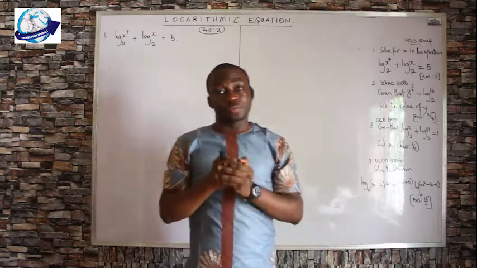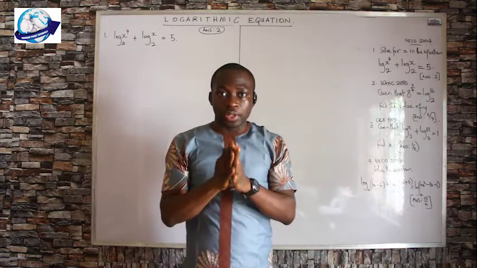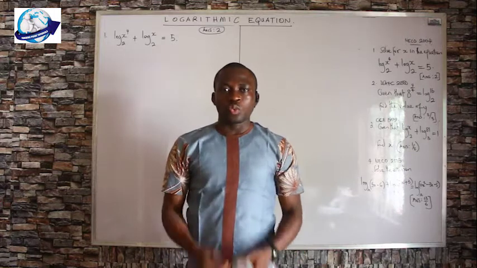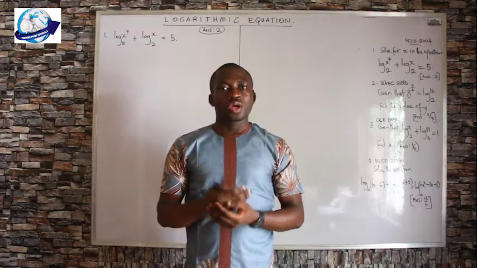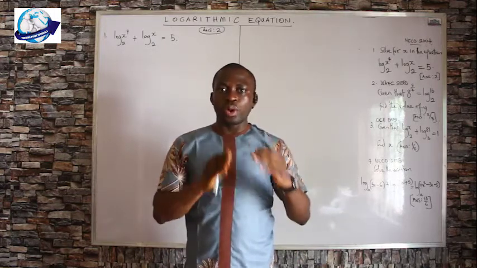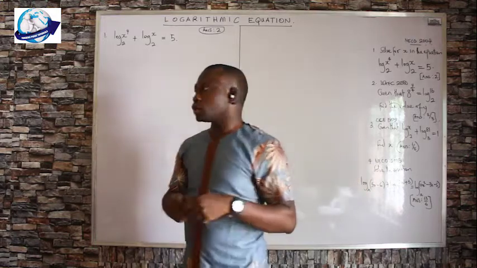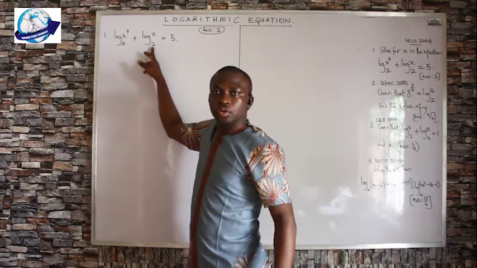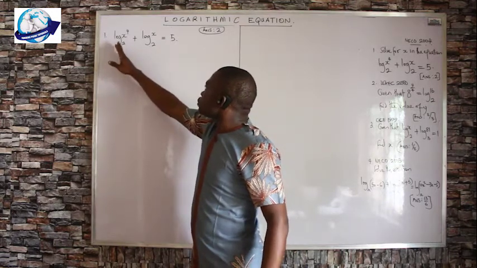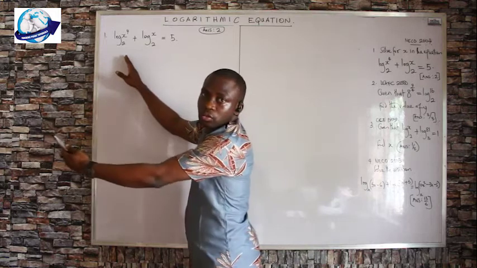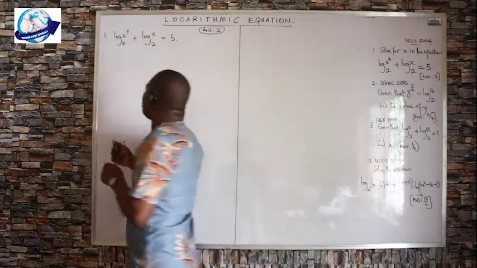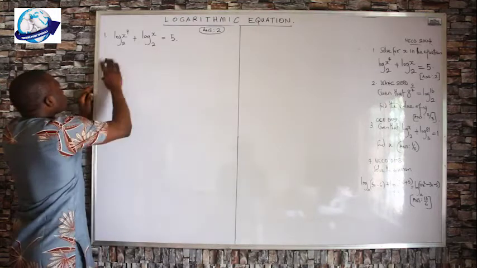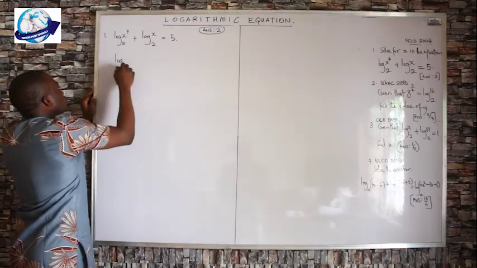Now, don't forget the principles of logarithm that we learned in the previous lectures. And what was that principle? That when we are adding in logarithm, we multiply when they are in the same base. So from what you have, you see that you have base 2 here, you also have base 2 here. So what you're going to do now is to take the left hand side of the equation and place it in base 2.